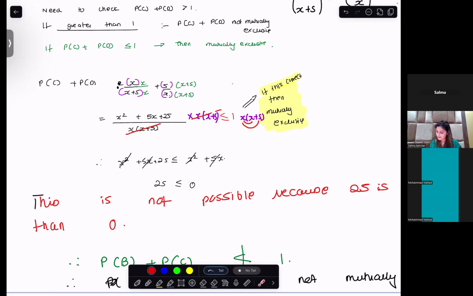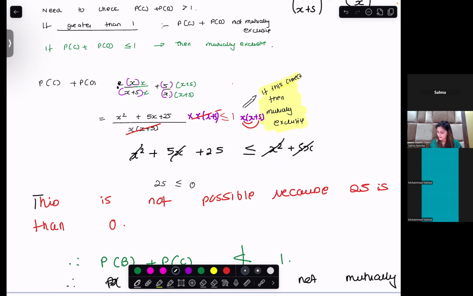Now if I solve this, what I'm going to get is x square plus 5x plus 25 is less than or equal to x square plus 5x. I cancel what is common and I say 25 is less than or equal to 0.